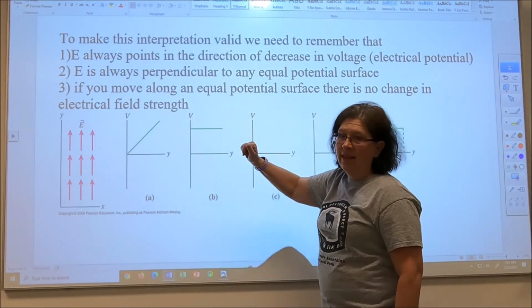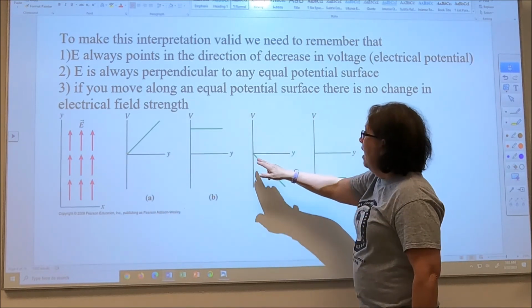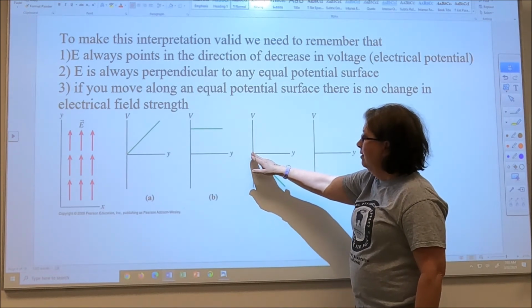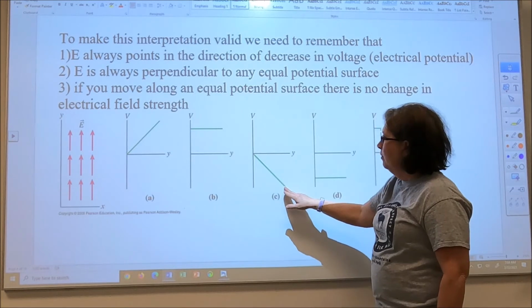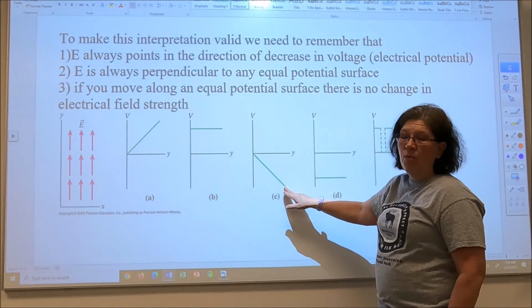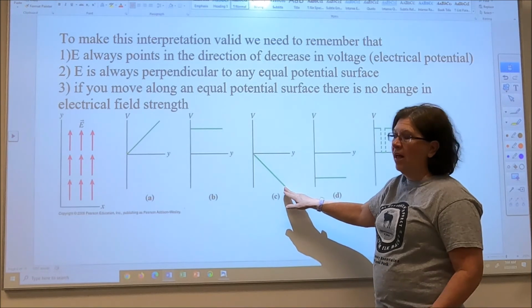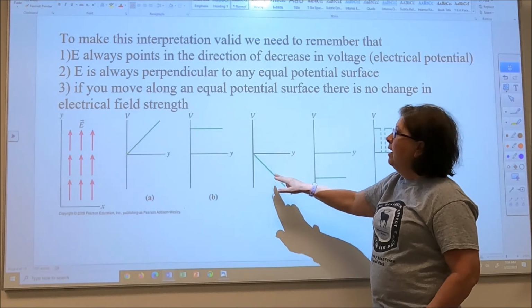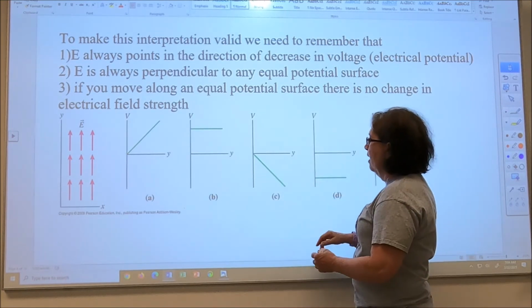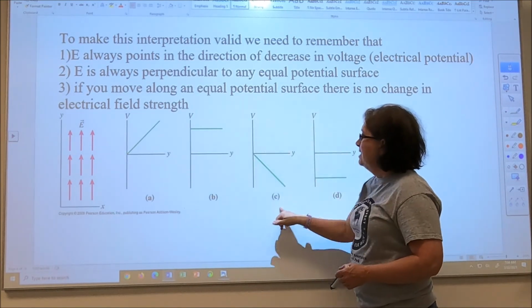Here it's constant, that can't happen. Here I started out at 0 at my 0 Y, and it becomes more negative. By convention, we usually don't put the 0 point at the positive plate, but you could. And if you did, moving toward the negative plate, the electrical potential would go down. So the answer here is C.